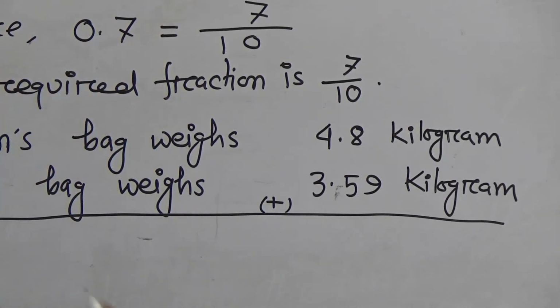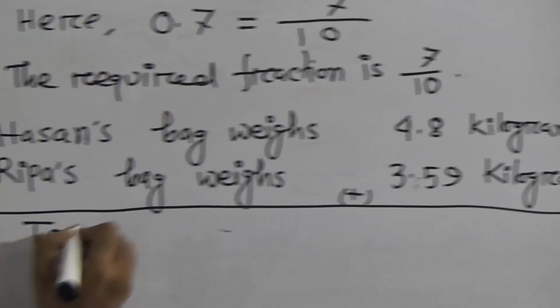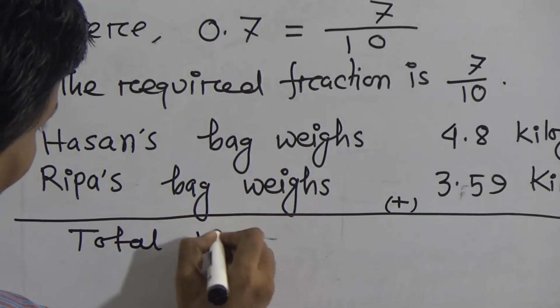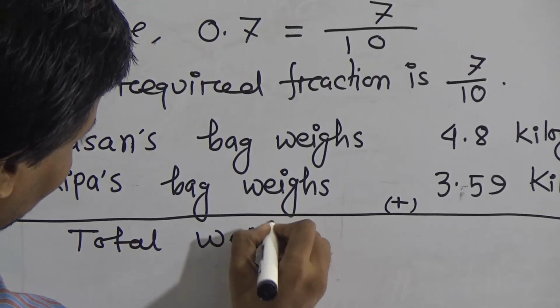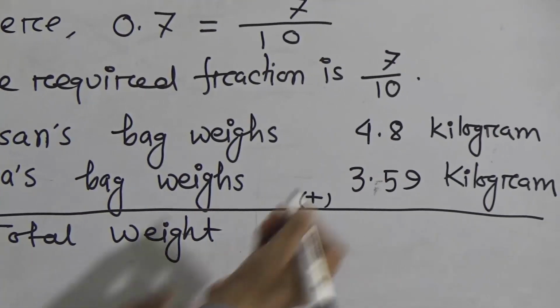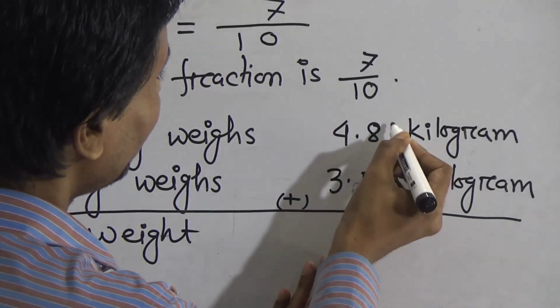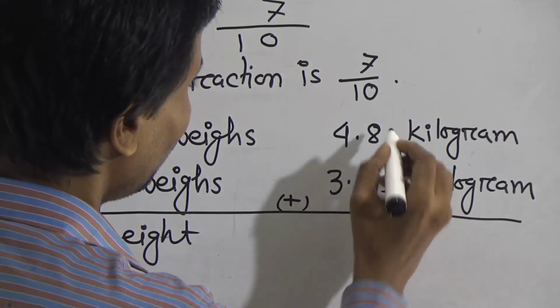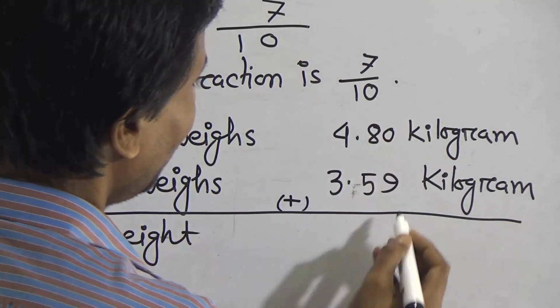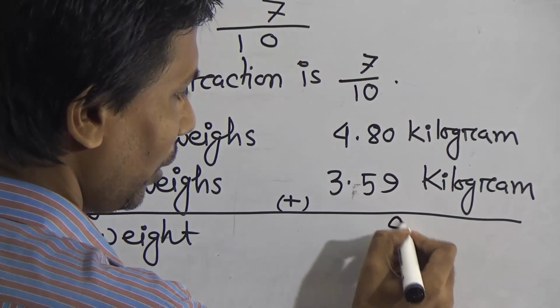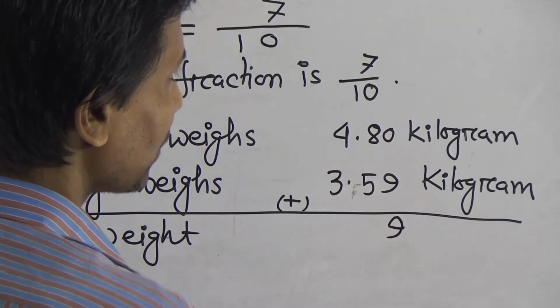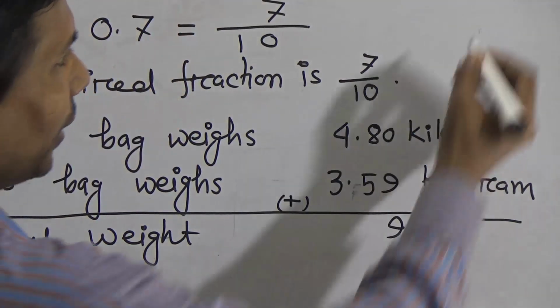Okay, now write total weight. Now you have to add. You think there is 0, you write here 0. Then 9 plus 0 equal to what? 9. 8 plus 5 equal to 13.